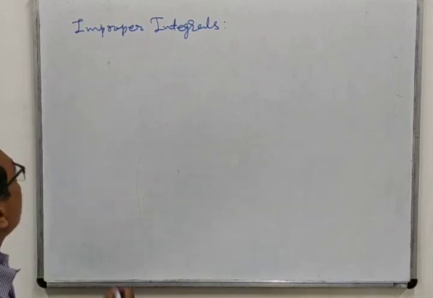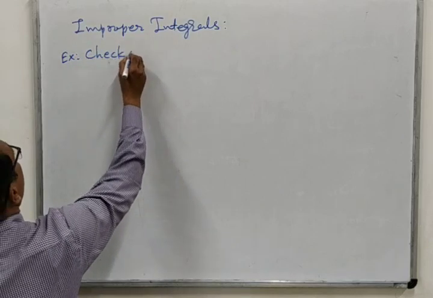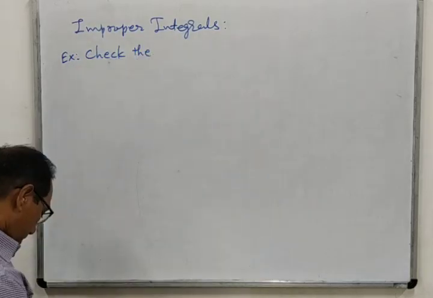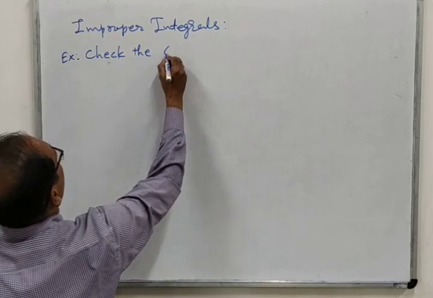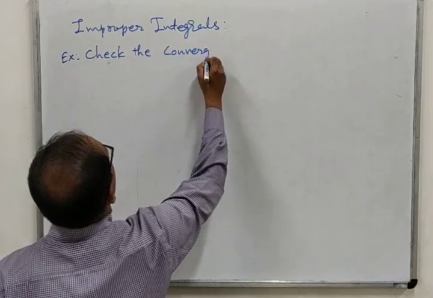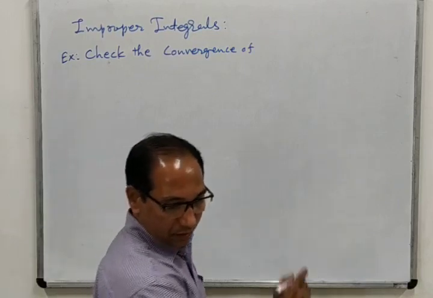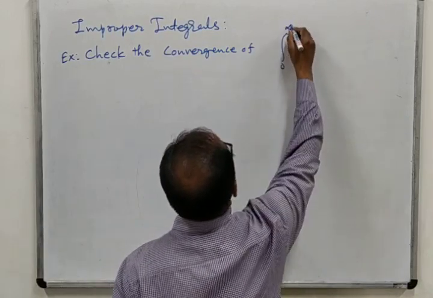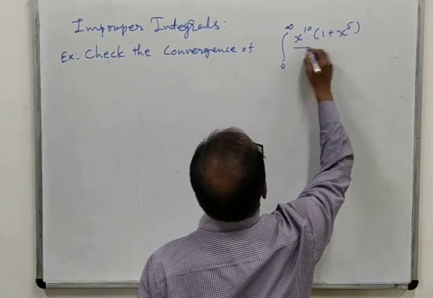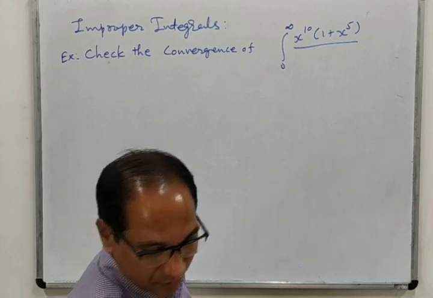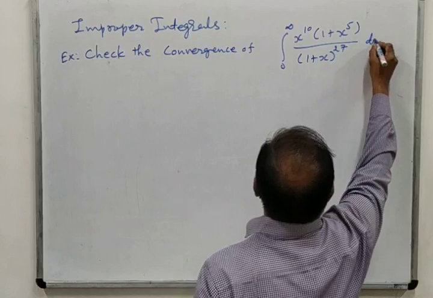Let us see one example. Check the convergence of integration 0 to infinity x raised to 10 into (1 plus x raised to 5) divided by (1 plus x) whole raised to 27 dx.